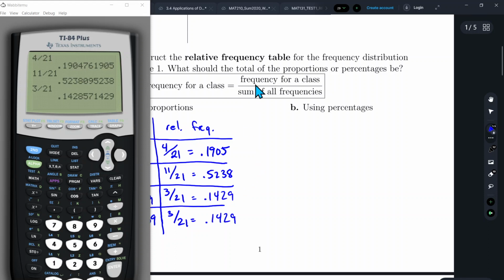And then sometimes it's better to represent these decimal numbers as percentages, right? So then we just times it by 100% to get the percentages. So let's construct the table. So the classes are the same.